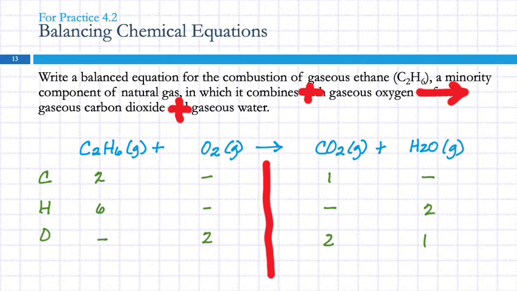So I'm looking at the total for each side. So here for oxygen, I have 2 plus 1, which is 3. And this one's 2, and that one's 1. And over here, that's 2 and 6 and 2. So nothing's balanced.